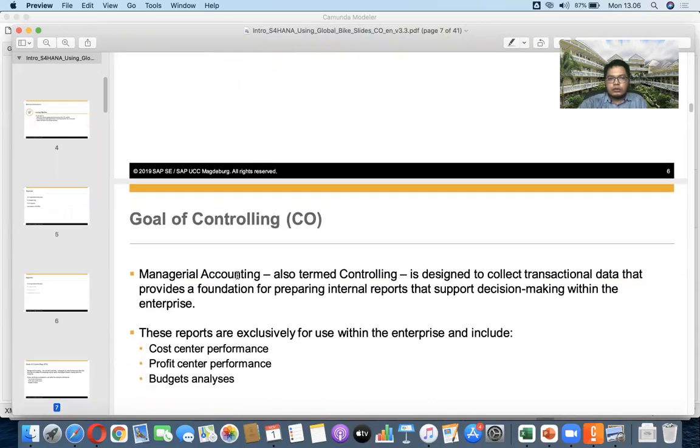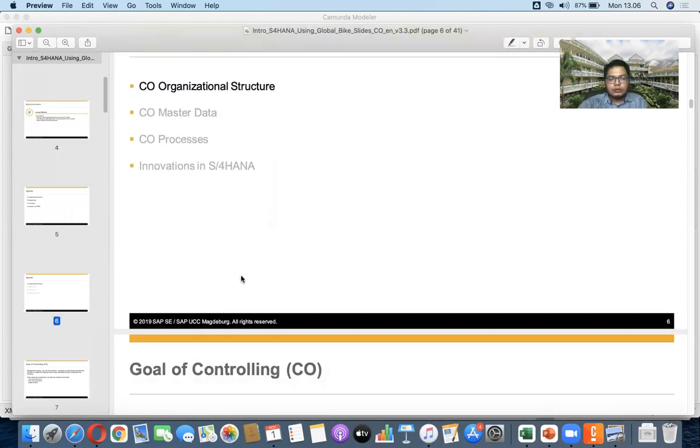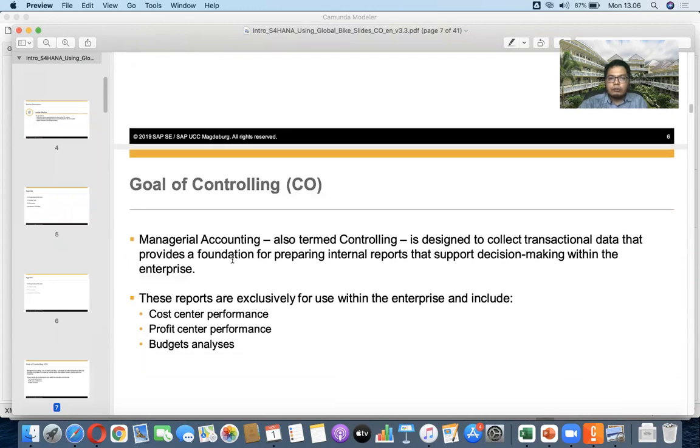So the goal of controlling: managerial accounting, or controlling for short, is designed to collect transactional data that provides a foundation for preparing internal reports. This is the opposite of financial accounting, which mainly produces reports for external parties. This one is only internal, for controlling and monitoring, supporting decision making within the enterprise.